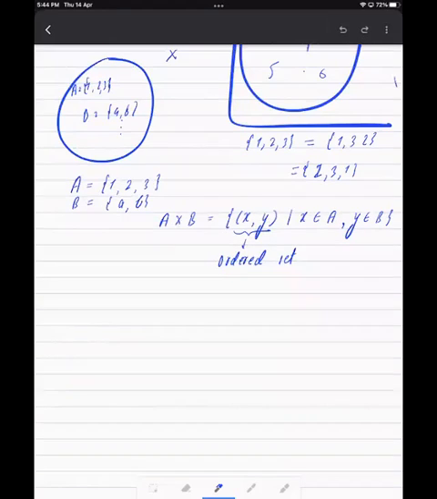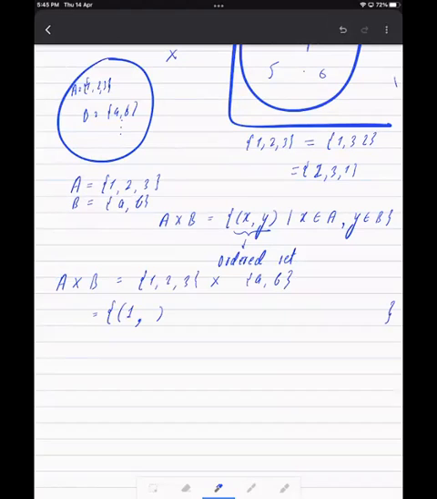So when I'm performing the multiplication of two sets, that means the Cartesian product of two sets, {1, 2, 3} cross {A, B}. See, this set contains numbers. This set contains alphabets. But the Cartesian product always contains ordered pairs. Always. First is from A, so let it be 1.